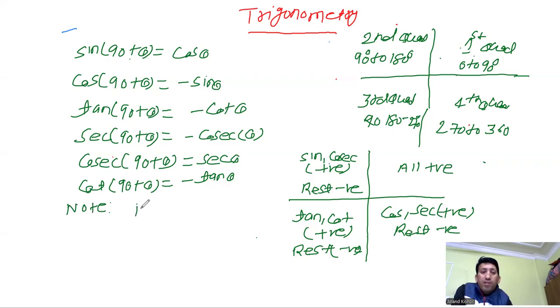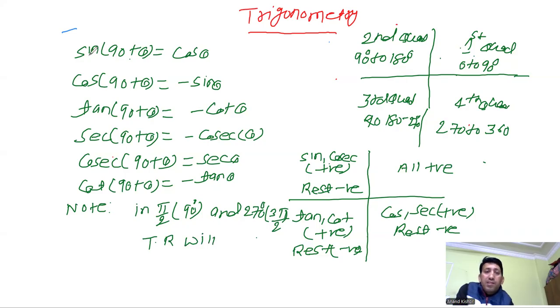90 means pi by 2, and 270 is 3 pi by 2. Pi is radian, so pi is 180, and 180 by 2 is 90, and 3 times 90 is 270. In 90 degrees and 270 degrees the trigonometrical ratio will be changed. See, in 90, sine changes into cos, cos changes into sine, tan changes into cot.